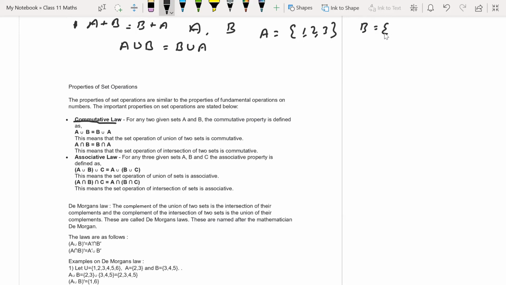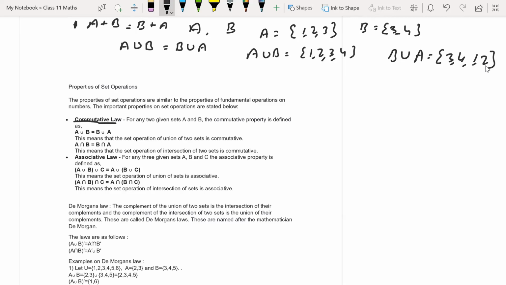B is 3, 4. Then A union B becomes 1, 2, 3, and 4. And B union A also 3, 4, 1, 2.